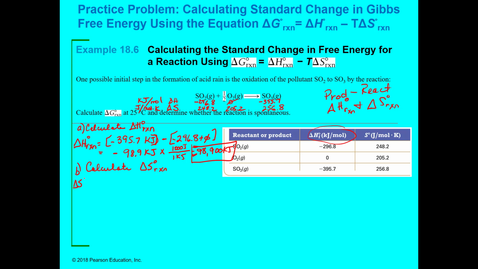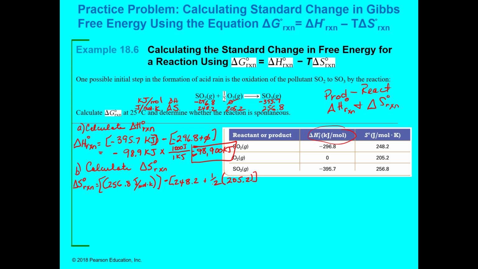So my delta S0 of reaction is going to be 256.8 joule per mole K, because remember they're all positive numbers, minus 248.2 plus 1/2 times 205.2, and these are all joule per mole K, right?